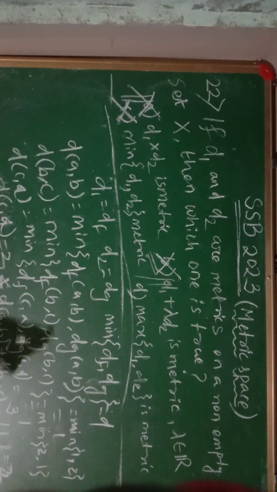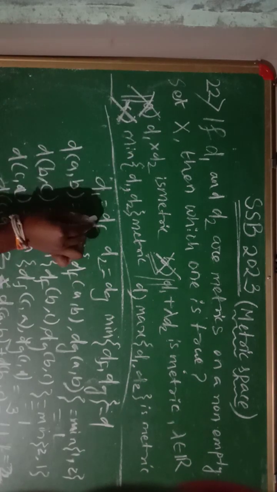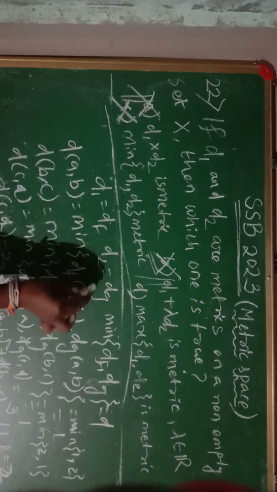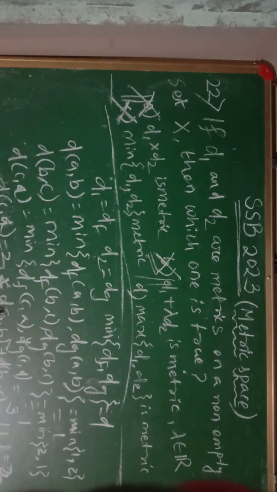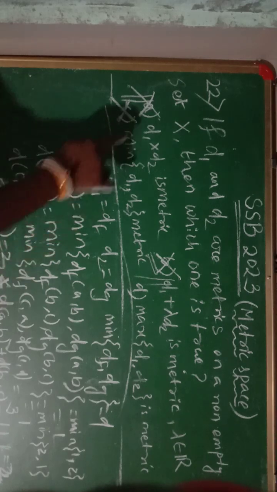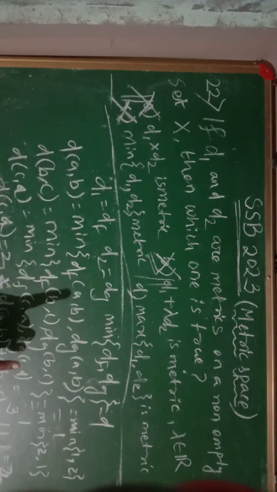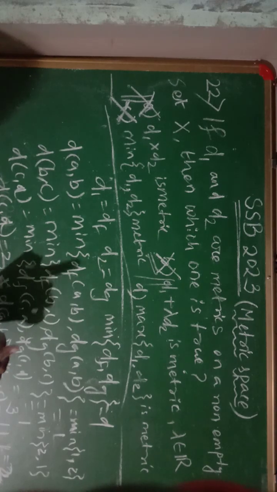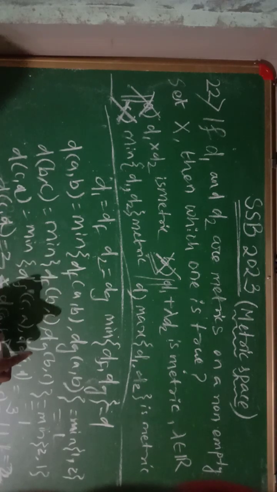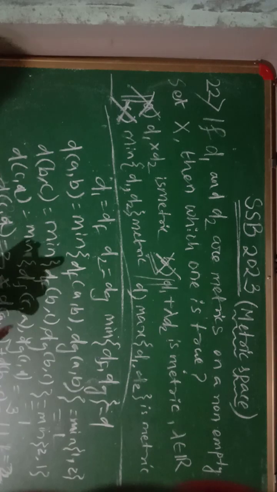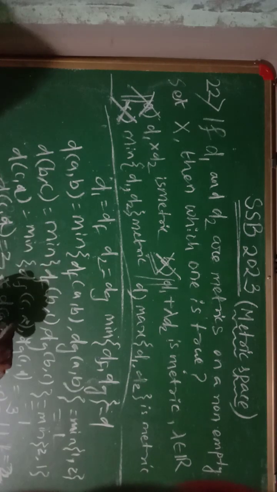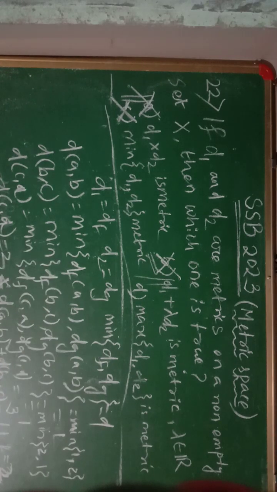Okay, how do we verify the minimum? We take D1 equals DF, D2 equals DG, as we took in option A, a similar construction. DF of A comma B equals the modulus of F of A minus F of B, which equals 1. Similarly, DF of B comma C equals the modulus of F of B minus F of C, which is also 2.